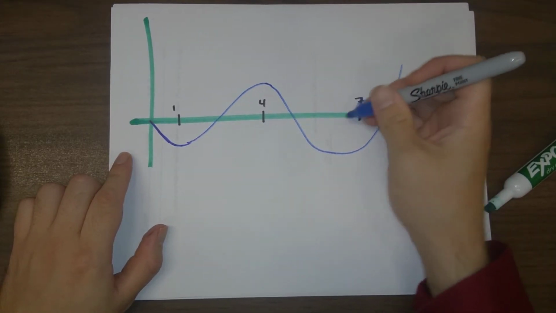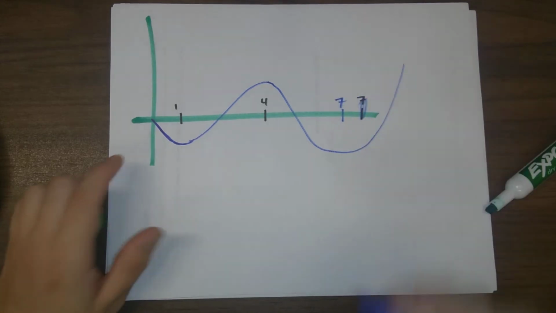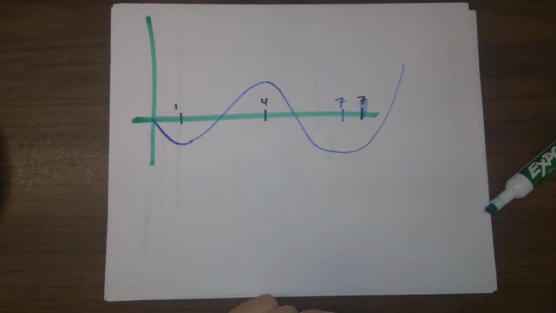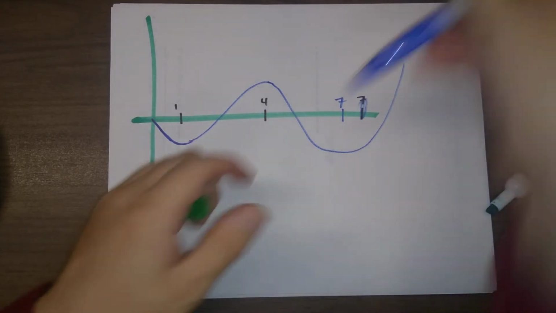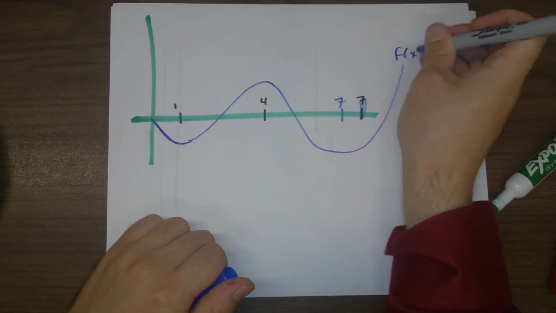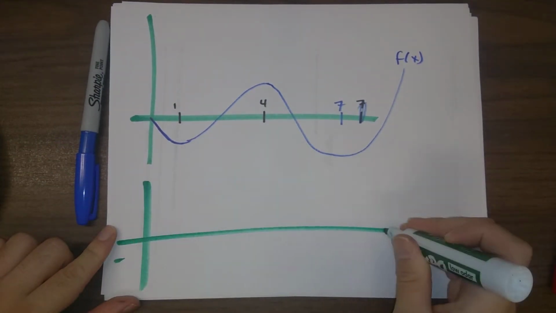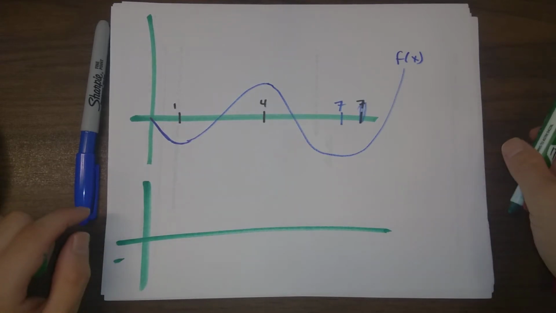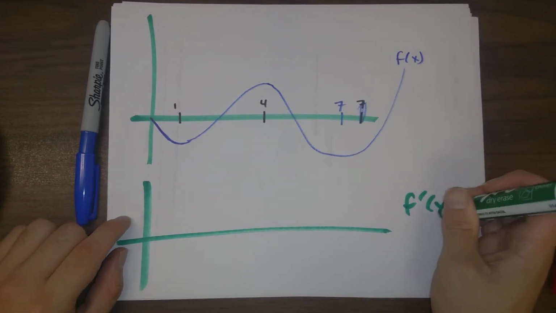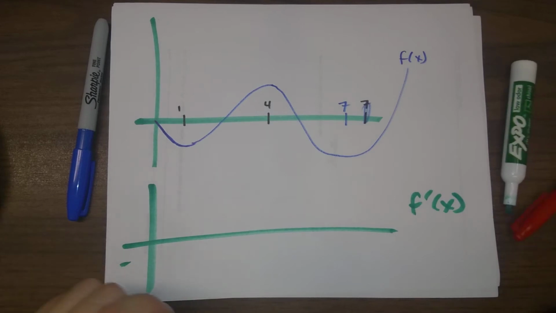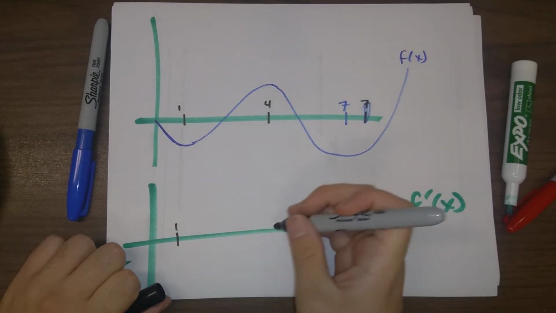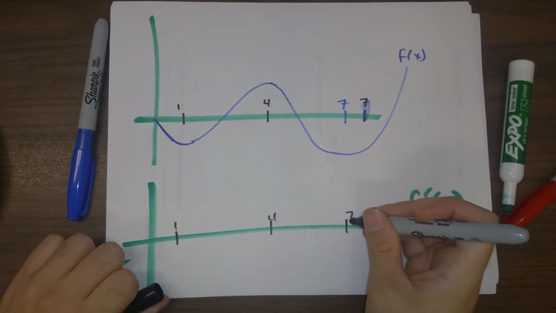Oops, it's supposed to bottom out at 7, so that is the best I can do. So here's a graph of the function. Let's call this f of x. So let's have some kind of sketch for f prime of x. And again, I will label this 1, 4, and 7.